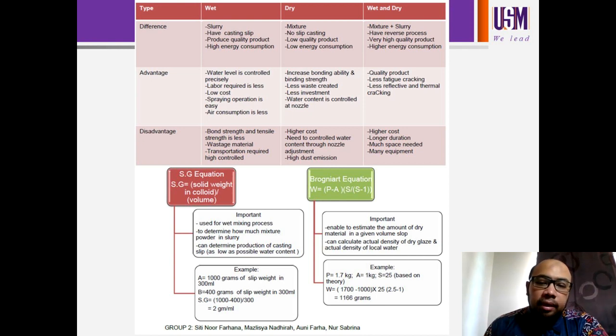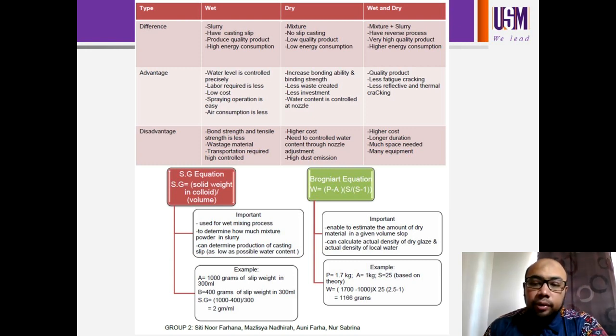For the dry mixing method, the advantage is that you have a cheap labor cost and the production cost is also very low, because you do not need to use water, and you do not need extra storage area to perform this kind of mixing process.